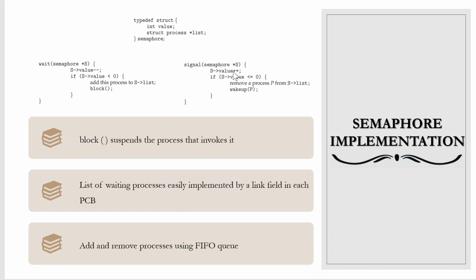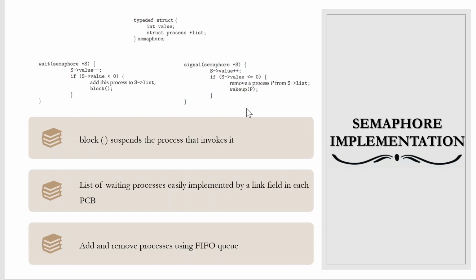Here the value of S is incremented, and if its value is less than or equal to 0, then a process is removed from the process list and restarted using wakeup. The block operation suspends the process that invokes it, and the wakeup operation resumes the execution of a blocked process. These two operations are provided by the operating system as basic system calls.